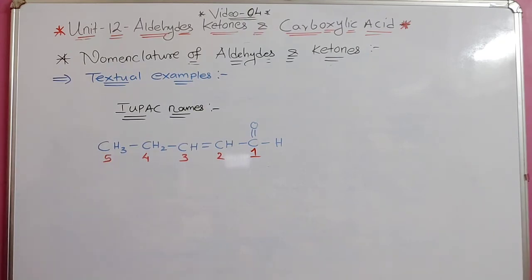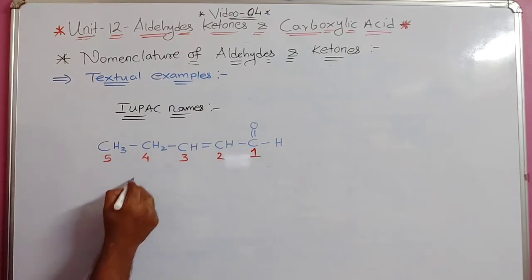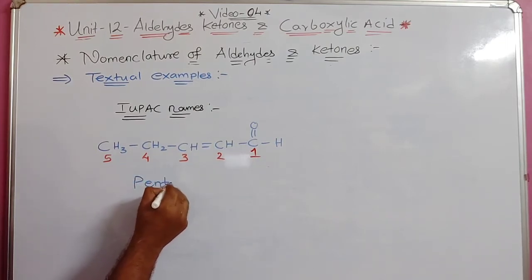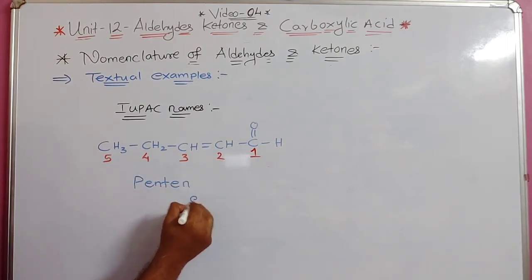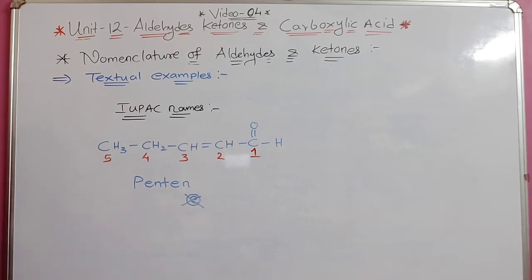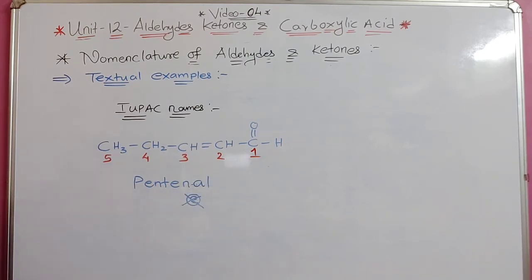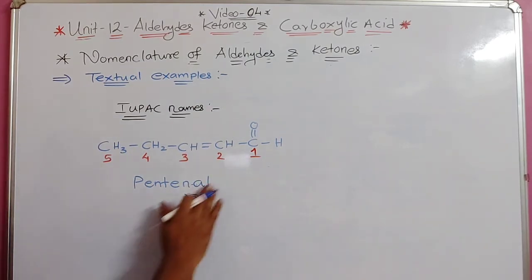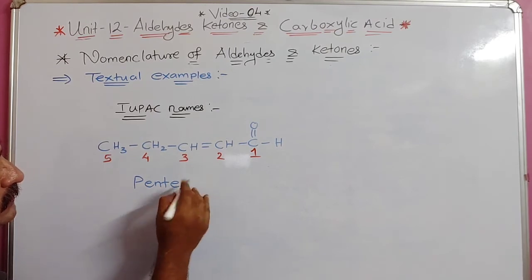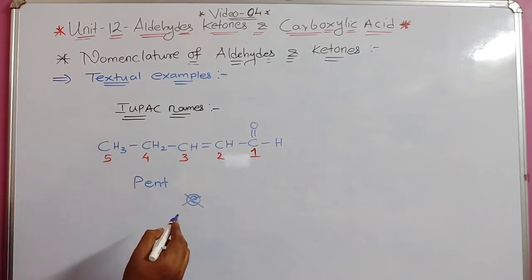Now actually it is pentene, and the Al group is also there. From pentene, E is removed, then Al is added. The double bond is at the second position.